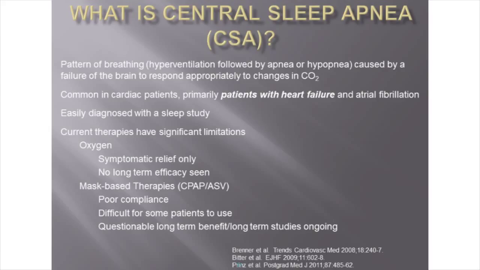With hyperventilation, there is a decline in CO2, and essentially the brain orders cessation of breathing to allow the CO2 to return to normal levels. The problem is that during the cessation of airflow, the oxygen level goes down, and the patient has the ill effects of repeated oxygen desaturations.